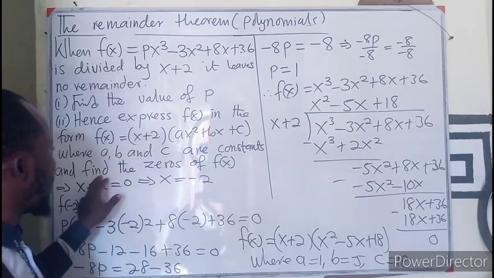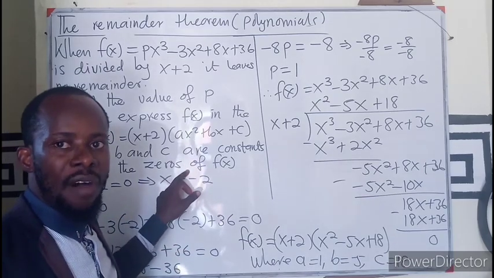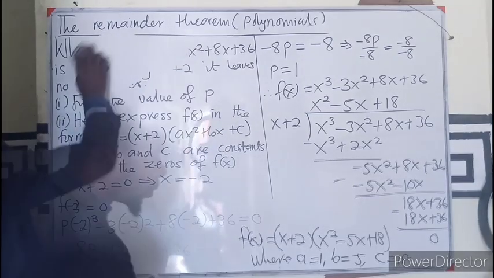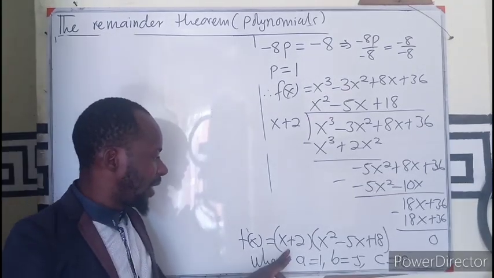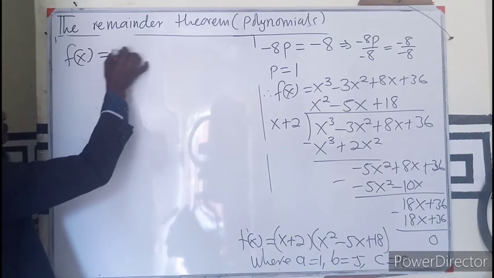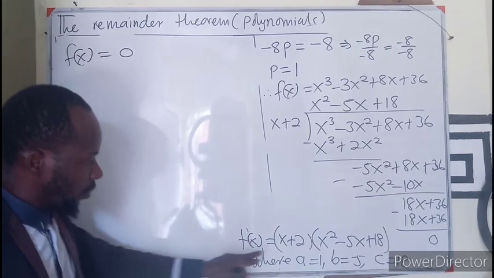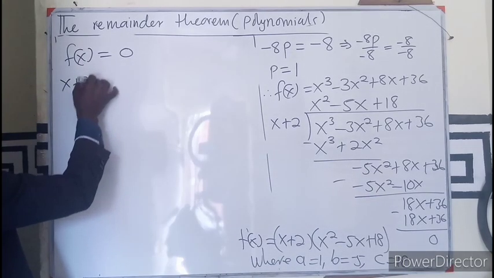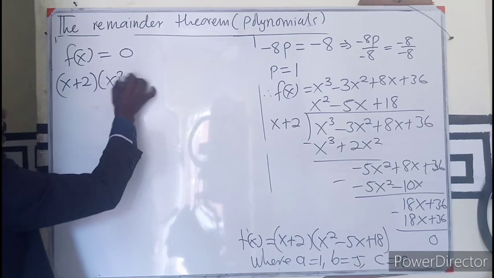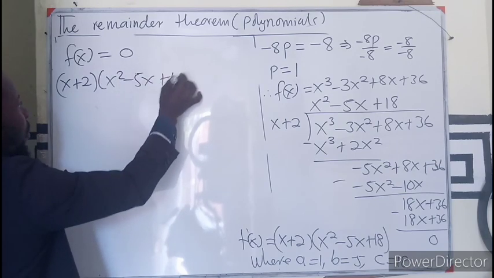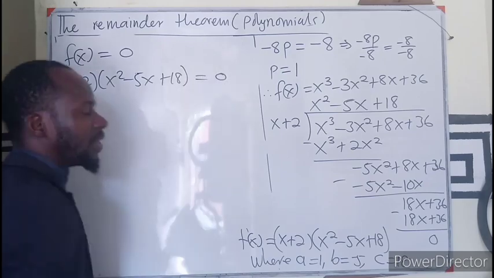The latter part of it says find the zeros of the function, meaning set the whole function equal to 0. We are setting this function, which is f of x, to be equal to what? 0. So it means x plus 2 times x squared minus 5x plus 18 equals what? 0.